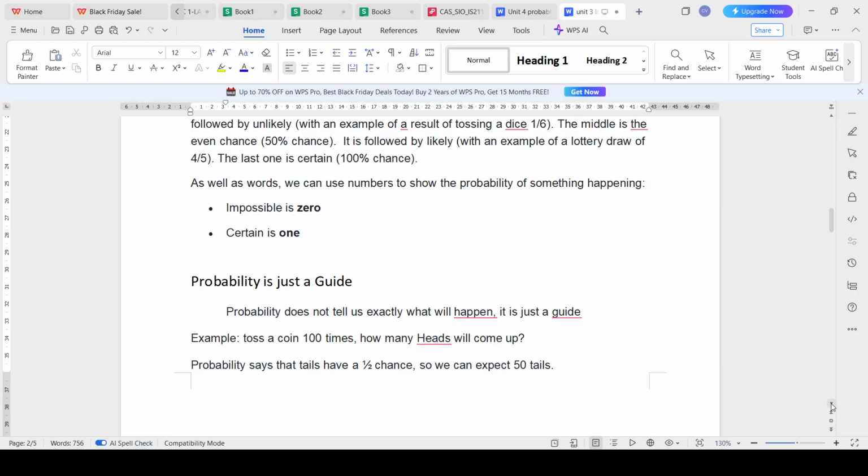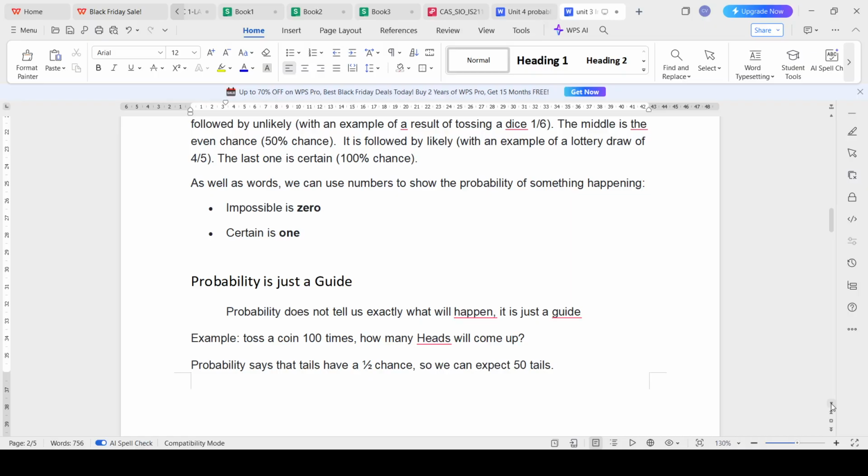So I want you to do this activity, guys. For your activity, you're going to toss the coin around 20 times, and you count the number of heads that come up, and you are going to submit that next week. Out of 20 tosses of the coin, how many heads?